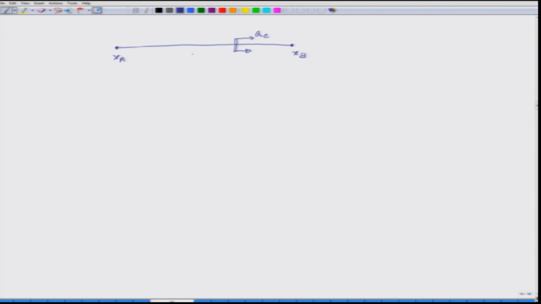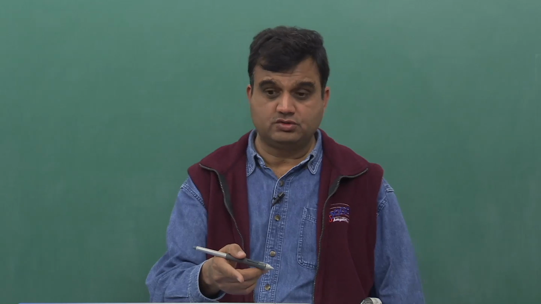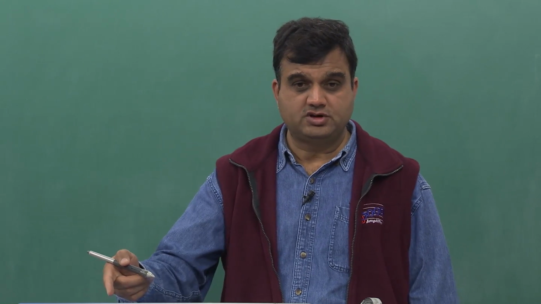So this is a point load, and I can represent this point load as again some q of x, because I know how to handle q. q is the distributed force, right.